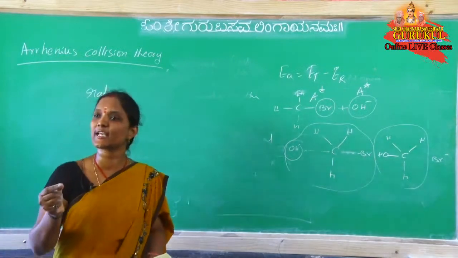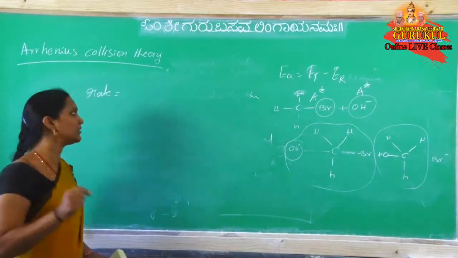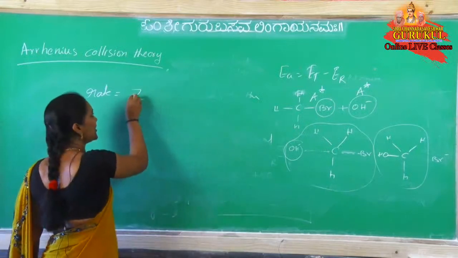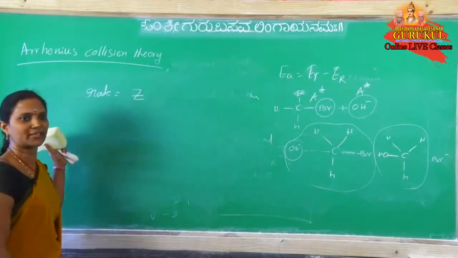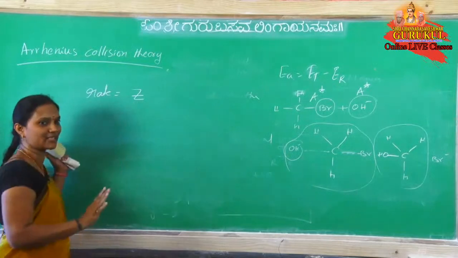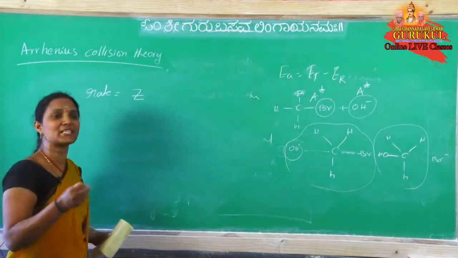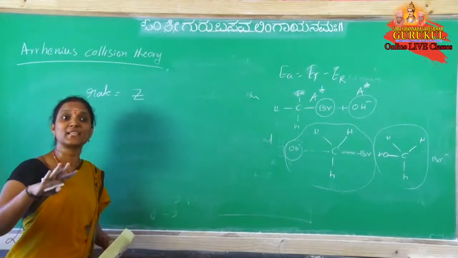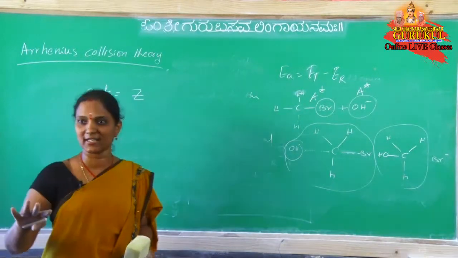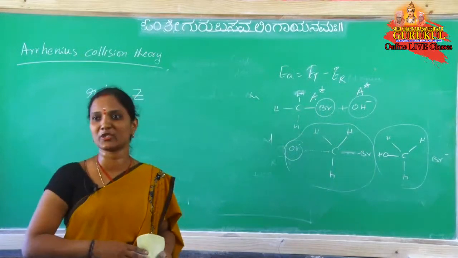The number of collisions in unit volume in unit time is called the collision factor, represented by Z. But these collided molecules must possess some minimum energy, that is the activation energy. Only if the activation energy is there does it lead to the formation of products.